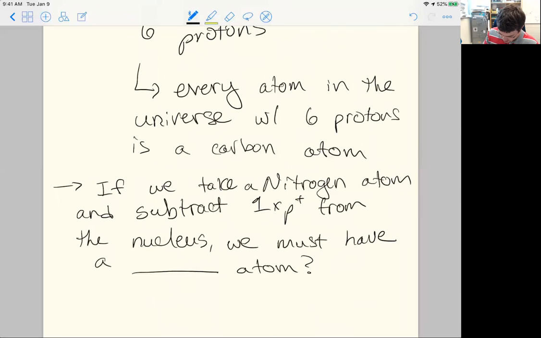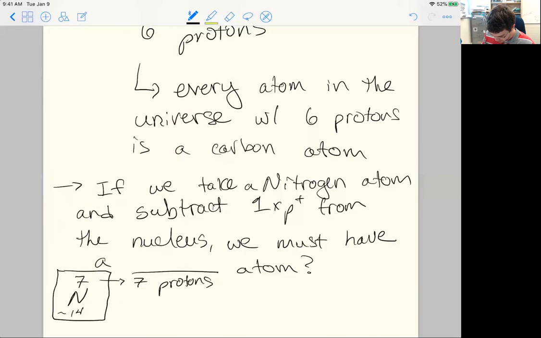Well, nitrogen on the periodic table is close to where we were looking before. It has a 7 above it. That's its atomic number. We have 7 protons in the nucleus of nitrogen, and it has an atomic weight of approximately 14. Okay, so we have 7 protons with our nitrogen atom, and we're going to cross one out, minus 1 P plus.